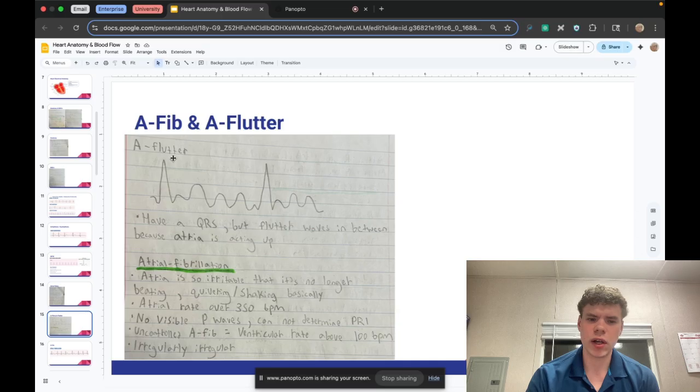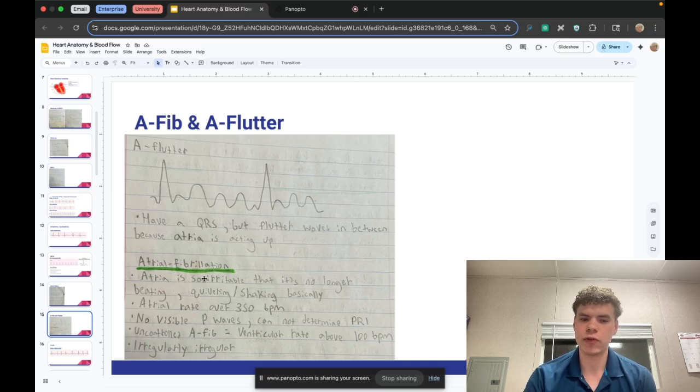But this is A flutter, right? In A flutter, you have a QRS complex, but in between the QRS complexes, you have these little flutters here, right? So this is the atria just going crazy and acting abnormal. So it has a QRS complex, but the waves in between, the atria are acting up. That's known as A flutter.